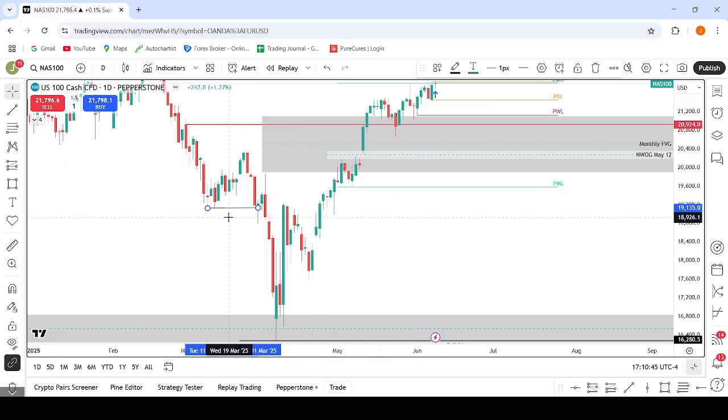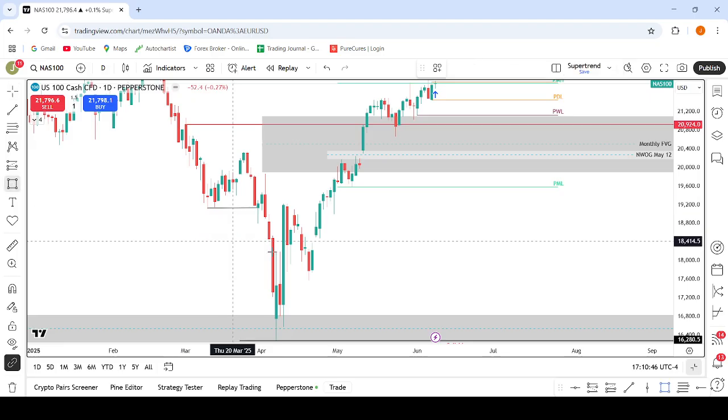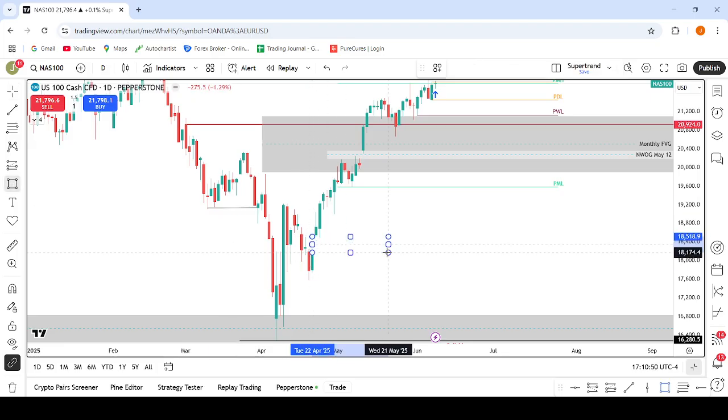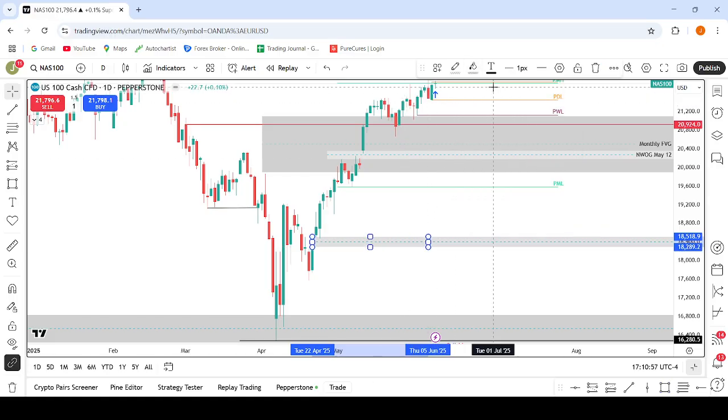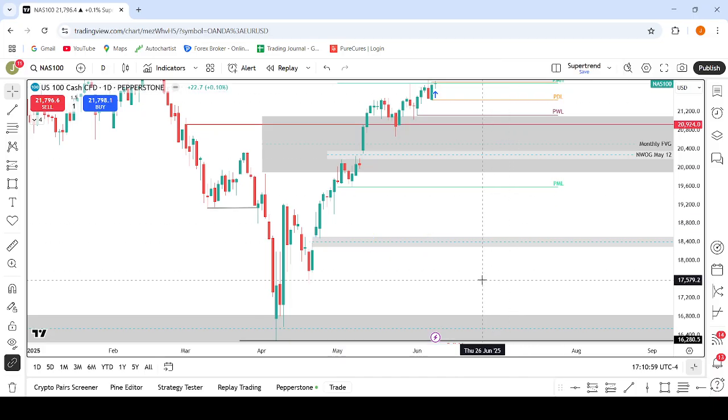As you can see, we've got yet another gap. This gap's being left open all over the place, literally all over the place, and I don't really know what to say about that, to be honest, but they're there.